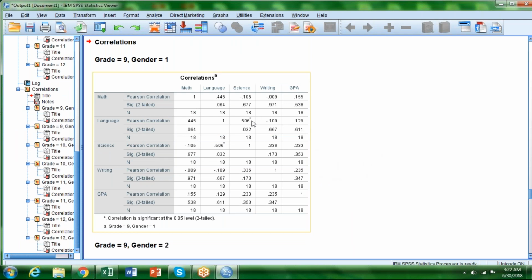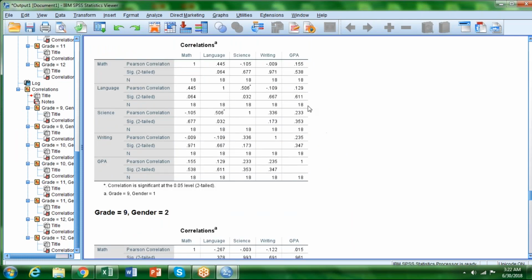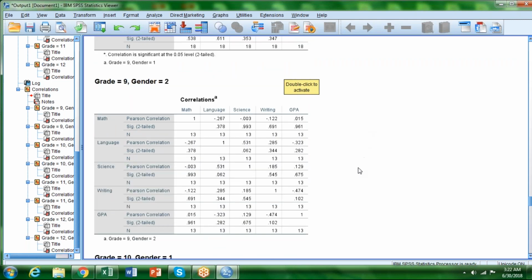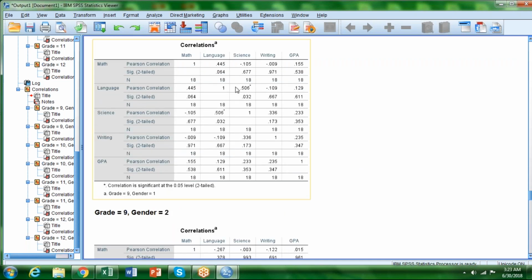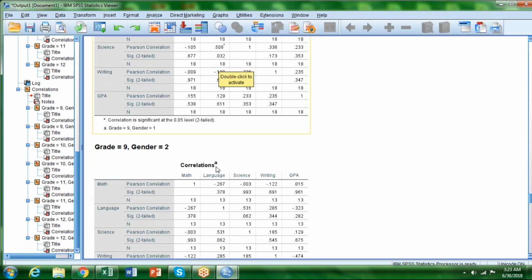So now we know, remember males are 1 and females are 2. Is there any correlation if we split the file by gender and the 2 genders are learning in a different way? You can look at the correlations between the math and the language test. Males, 0.445.